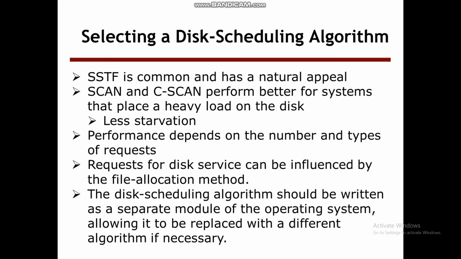The disk scheduling algorithm should be written as a separate module of the operating system, allowing it to be replaced with a different algorithm if necessary. Thus we have come to the end of disk scheduling, or disk I/O, which is one of the main responsibilities of the operating system.